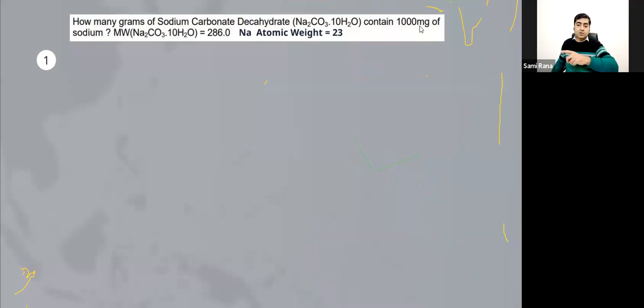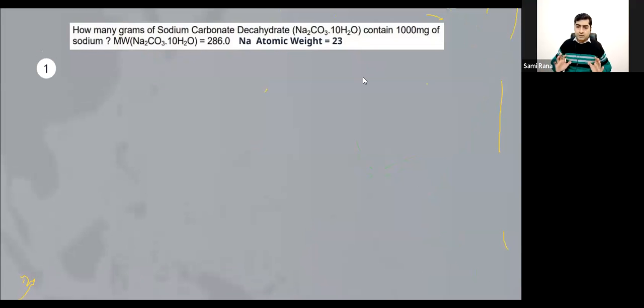So on one hand they are talking about mg, and on the other hand they are talking about grams. What should we do first beforehand? Because I have told you to stay at one level, either the milli level or the gram level. So what are we going to do in this particular question?